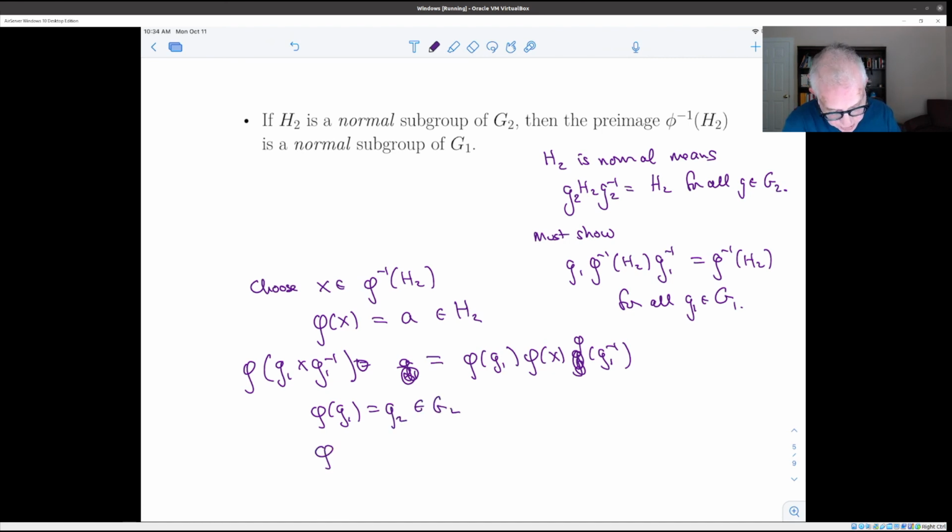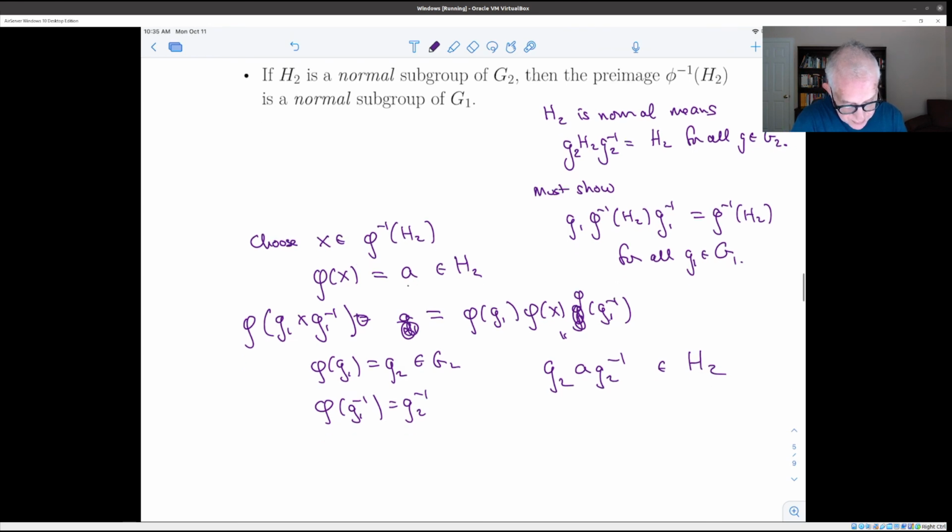And phi of G1 inverse is G2 inverse, where again we're using the fact that homomorphisms commute with inverses. So phi of G1 inverse is the same as phi of G1 inverse on the outside. So this equation here can be written G2 A G2 inverse. And by the normality hypothesis for H2, this belongs to H2 as well, because A belonged to H2.